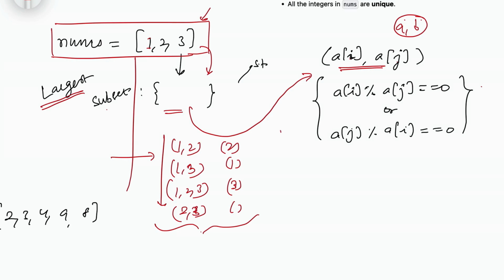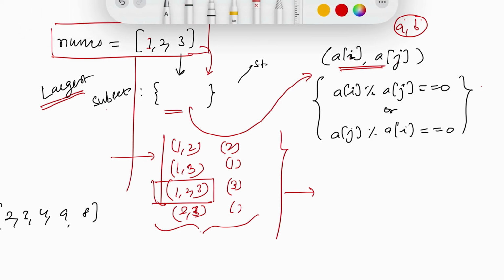So here we have to get the largest subset such that every pair follows this condition. First of all, let's take the largest one, because if that is our answer, we are going to stop the checking. So 1, 2, 3. Here the pairs are 1, 2, 2, 3, or 3, 1.